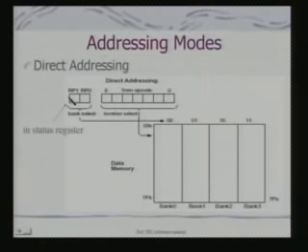In the PIC, these two bits RP1 and RP0, which are part of the status register, are used for selecting what is called a bank. And in the bank, the address is specified by these 7 bits, which are part of the instruction. These bits from the instruction make the choice of the location in a typical bank.